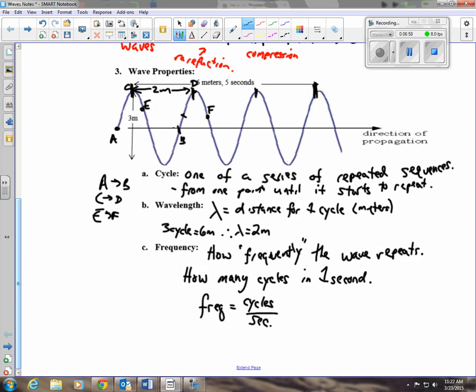That's a little different than they define it in math class. In math class, they say cycles are 2 pi, but in here it's cycles per second. So for this particular example, again, if I look at this point to this point, it was 3 cycles, and that was in 5 seconds. So for this one, it would be 3 cycles over 5 seconds. That would be 0.6 cycles per second. Now, that's also called a hertz. So the unit frequency can be hertz.